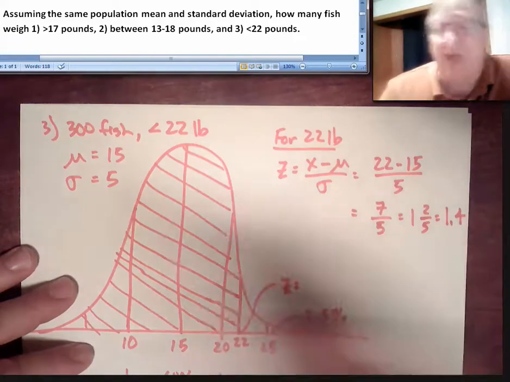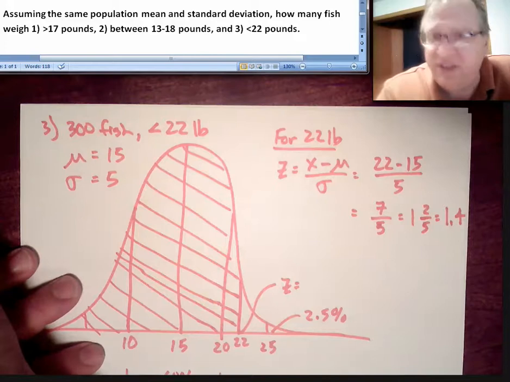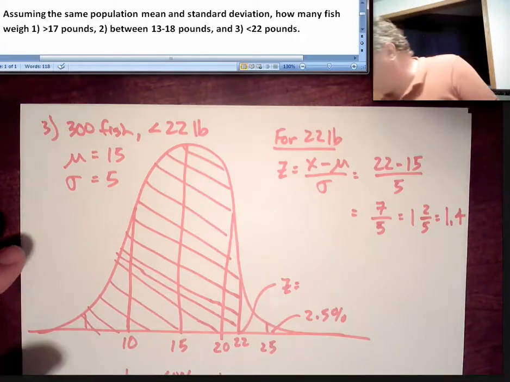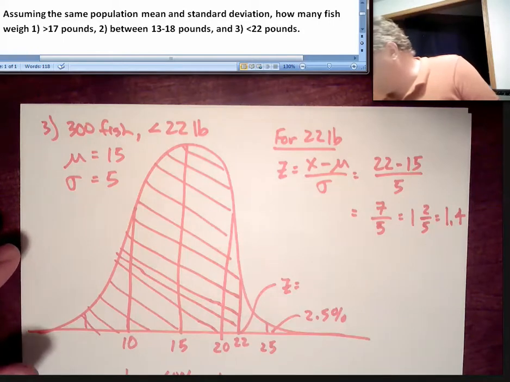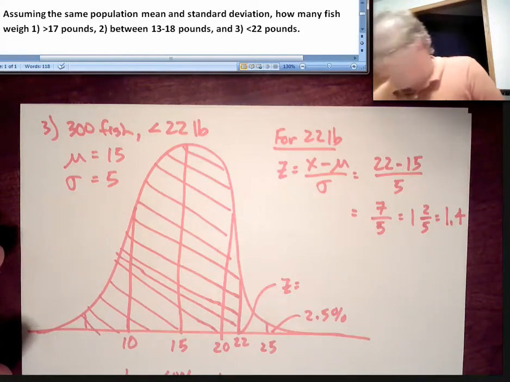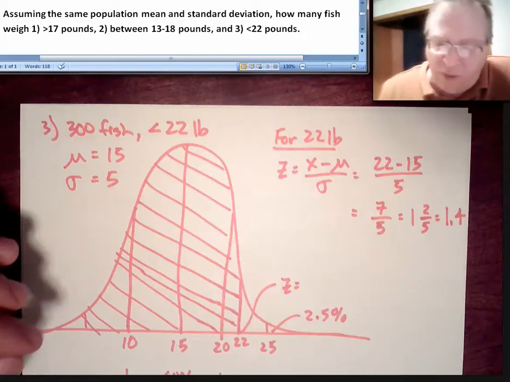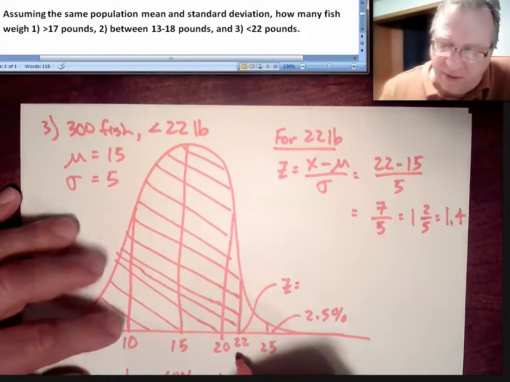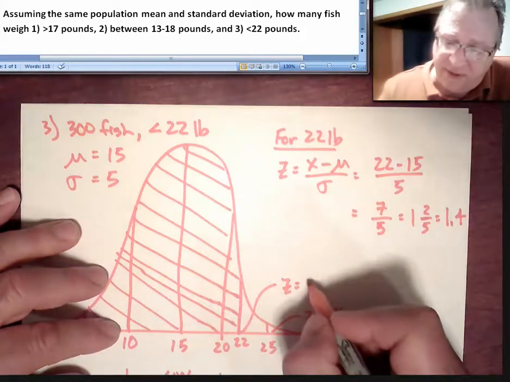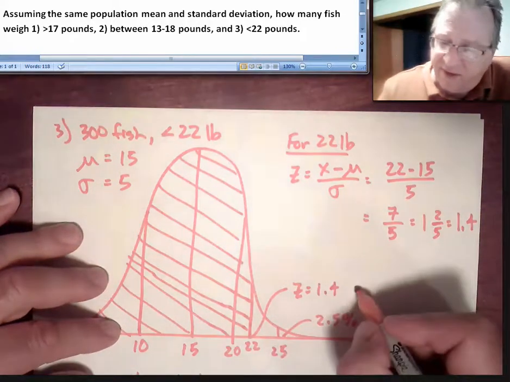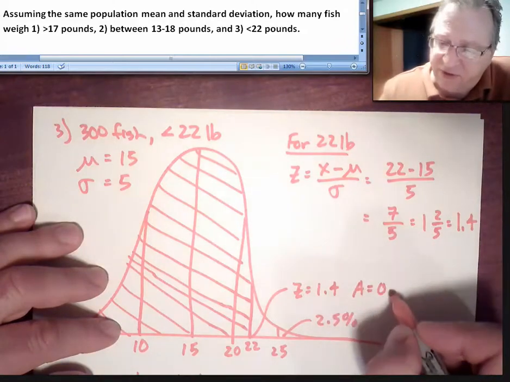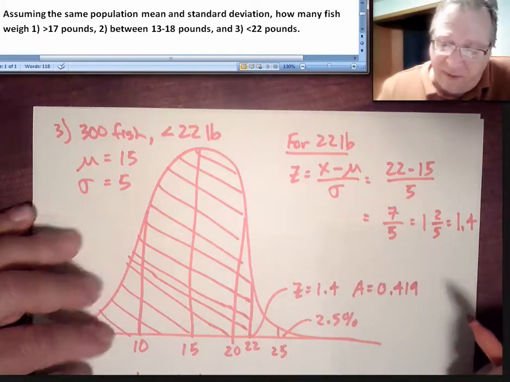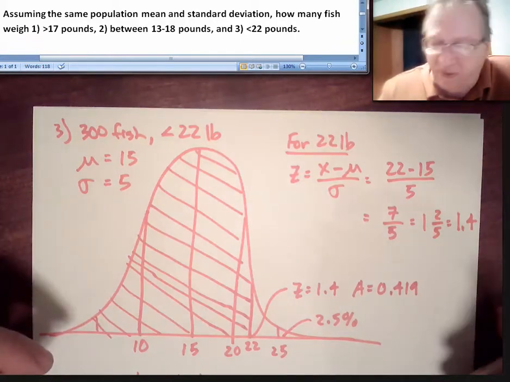Okay, now, can we go to the z-scores table with 1.4? Yes, we can. I'm looking right now to double check my figure, and I get a number at z of 1.4 of 0.419. So my z at this point is 1.4, and the table returns an a of 0.419. Once again, what does the a value mean?